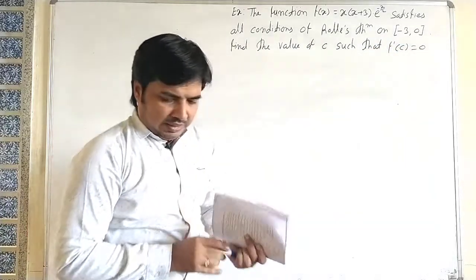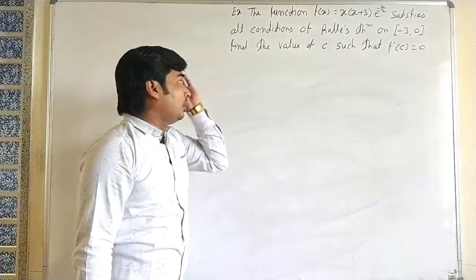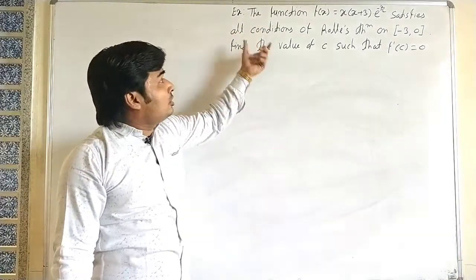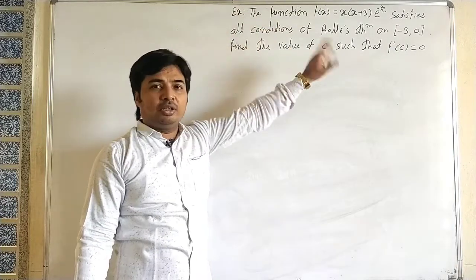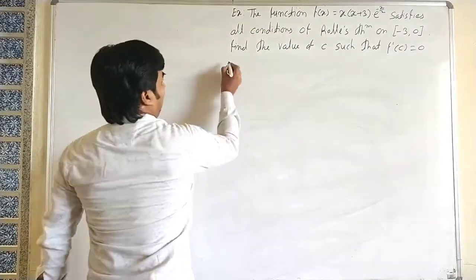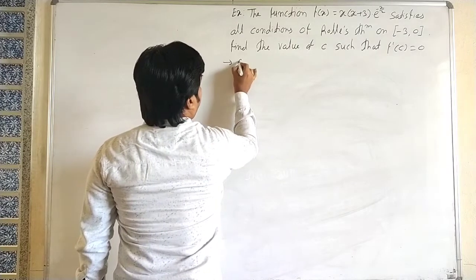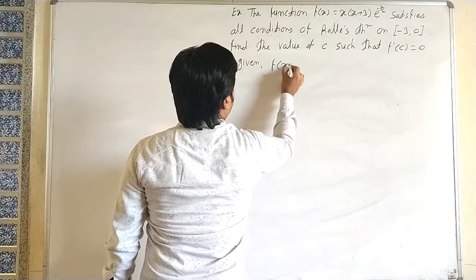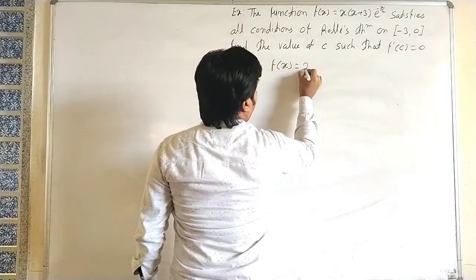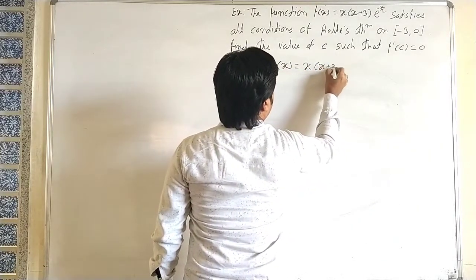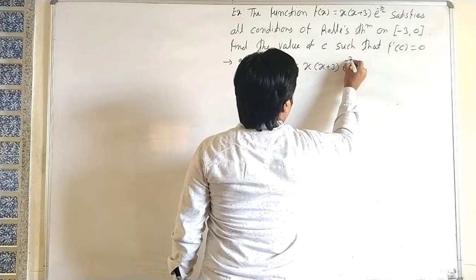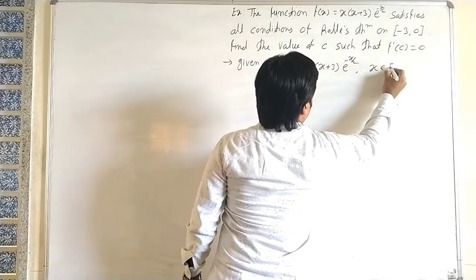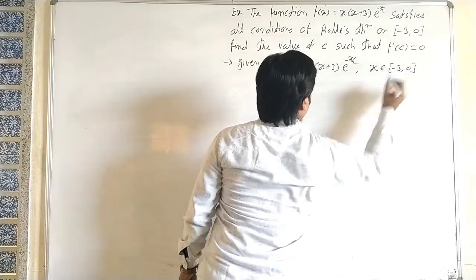Okay, here in the last example the question was verify Rolle's theorem. Here Rolle's theorem is already verified, and then we find the value of c. Okay, here given f of x is equal to x into x plus 3 into e to the power minus x by 2, for x belongs to minus 3 comma 0.